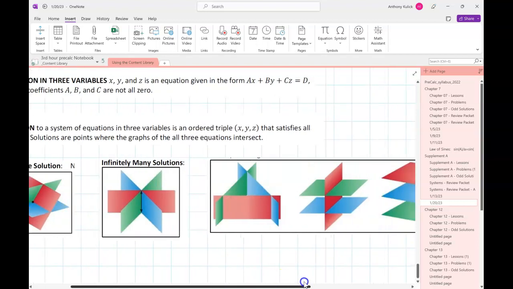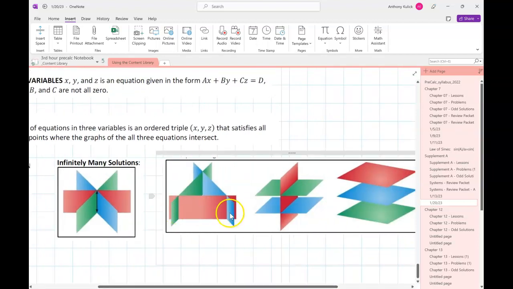You could have each plane intersect the other two, but never have a place where all three meet. You can have a situation where one plane intersects the other two, but again, no place where they all meet. Or you can have the most obvious situation, where all three planes are parallel and there's no intersection at all.